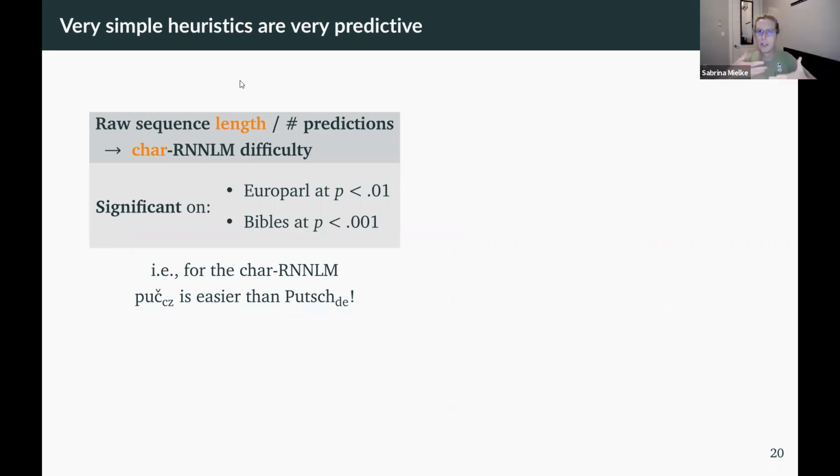And so for the character level model, that means just the number of characters. So there seems to be something in there that does actually make Dutch easier than German, just because there's fewer individual predictions. So we hypothesize maybe it's because in every softmax, you are leaking probability mass, and maybe that hurts the model. It's a bit unclear.